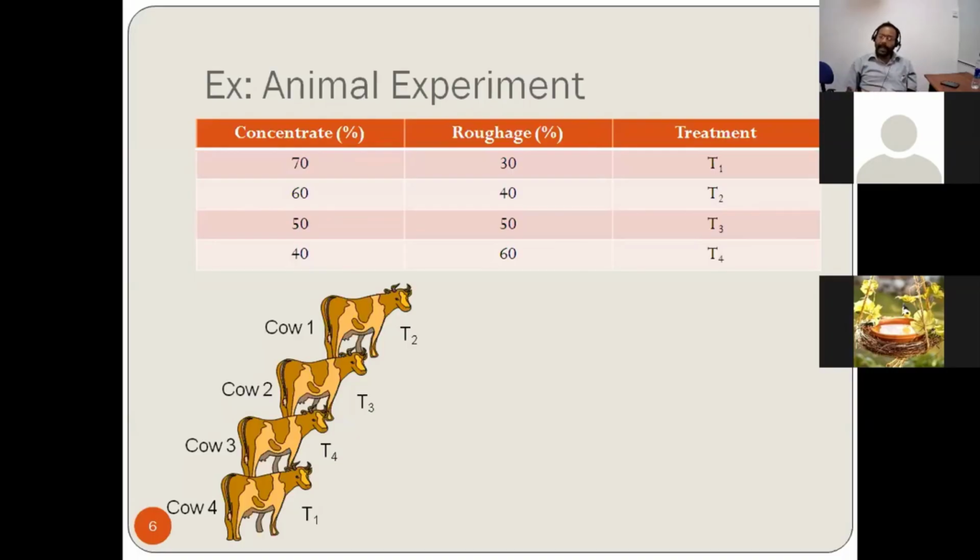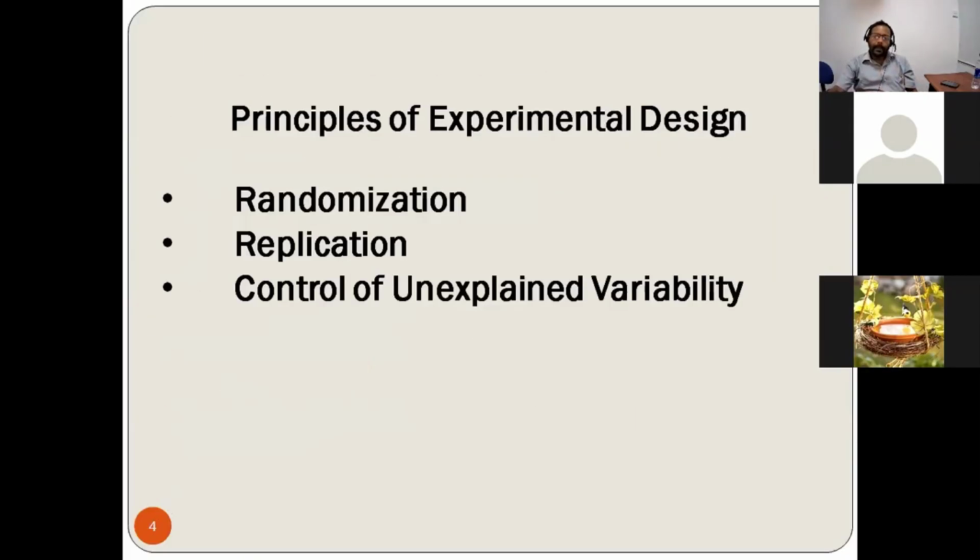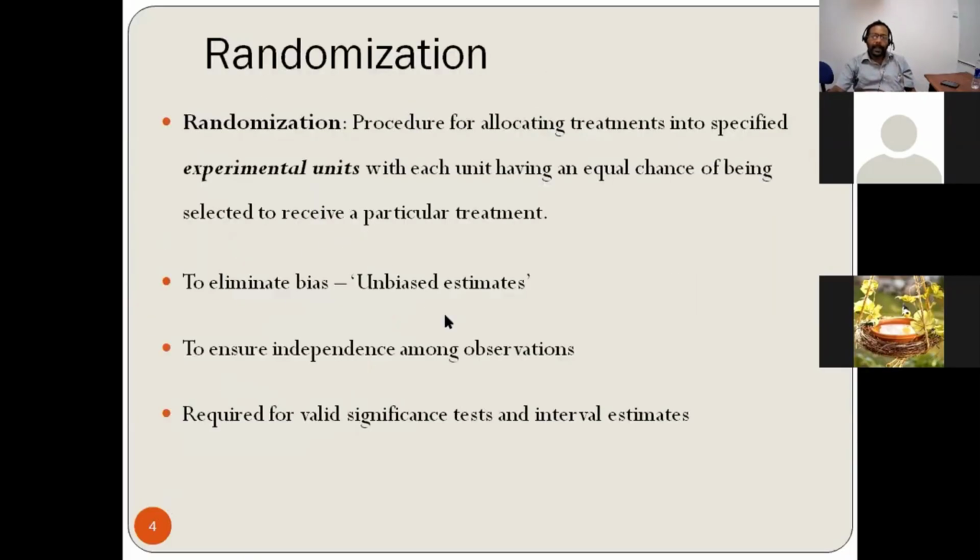As I pointed out earlier, in a 2 into 2 meter plot, we can have roughly about, let's say, 20 plants. All these 20 plants within the plot will receive the same treatment. So that is called the experimental unit, right?